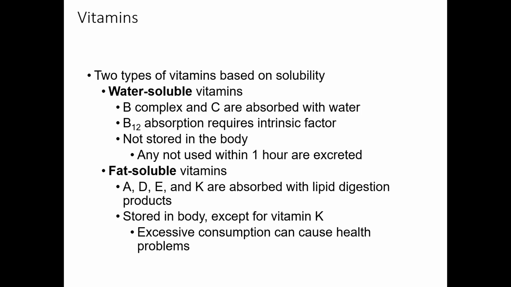The problem with excessive consumption of vitamin E, for example, means that your blood may be more prone to anticoagulation. Mega doses of vitamin E effectively act like a blood thinner, and that's not a good thing, because your patient may be more prone to bleeding if they're injured while taking mega doses of vitamin E.